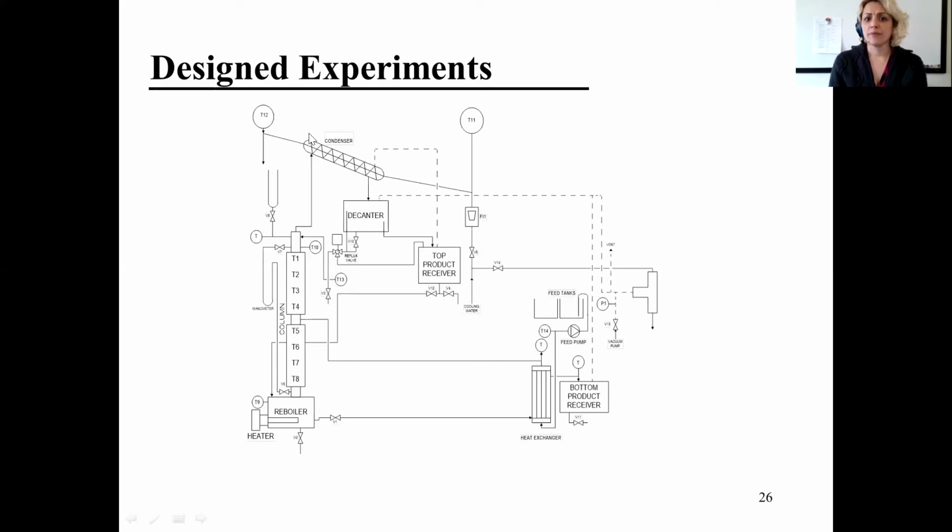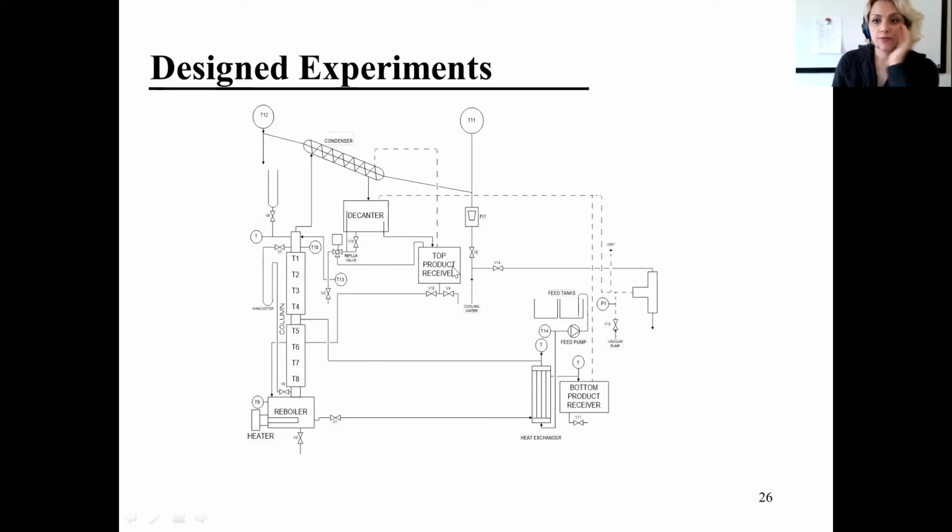It's going to go up. I have a condenser, and here is a decanter, after the condenser. So I'm going to get my top products out of the distillation column, as well as the bottom products.